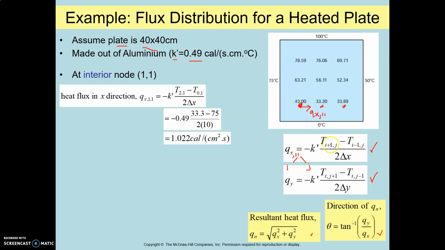So by substituting inside this formula, you get T2,1 and T0,1. So the temperature T2,1 is 33.3 and the temperature T0,1 is 75 degrees Celsius here.